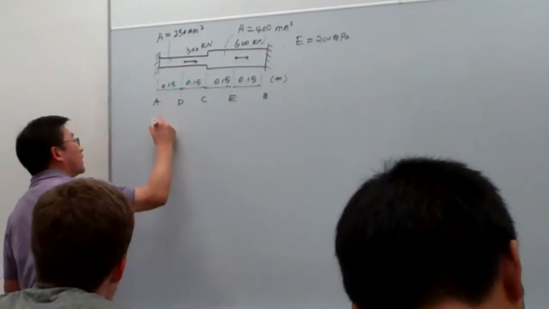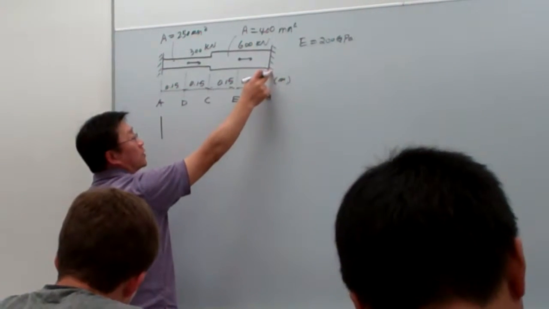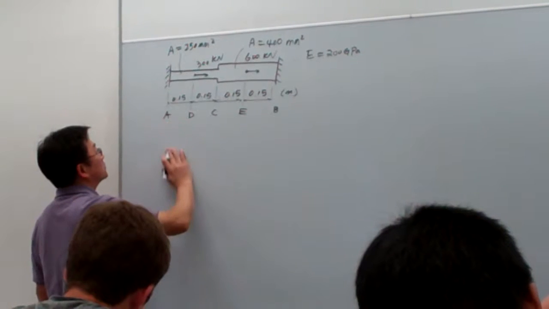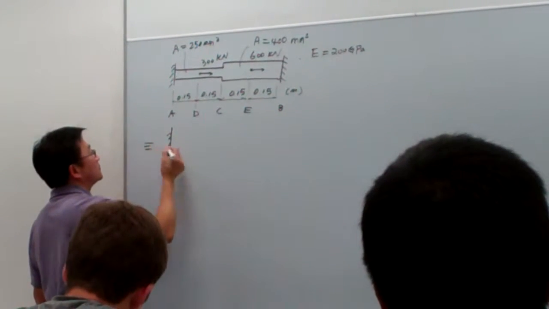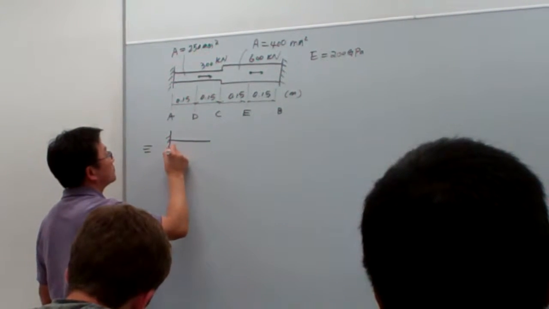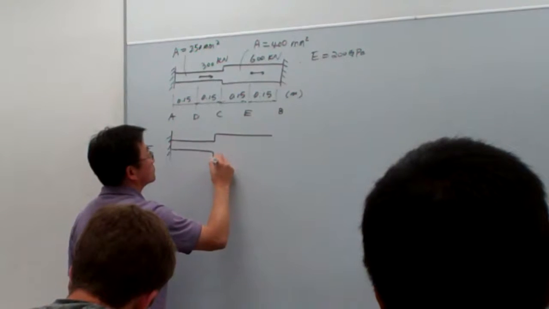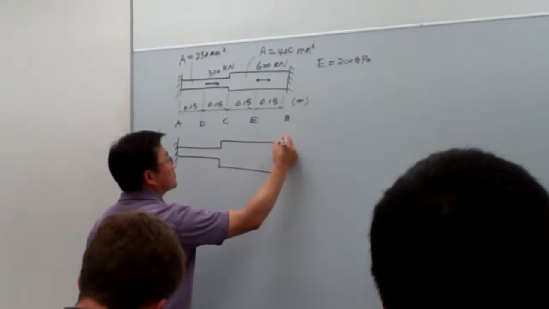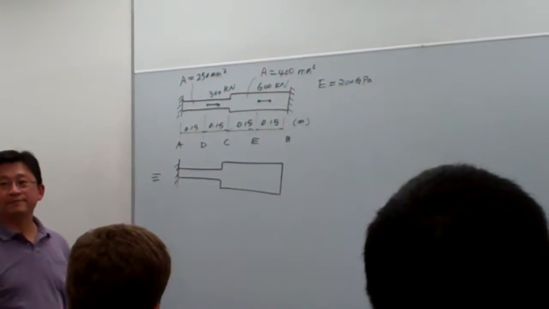So again, let me try to repeat the same process. I try to work on this constraint. This is an over-constrained problem. So here, the problem will be equivalent to this. Okay, now this is the thinking process. And this is the problem itself before loading.